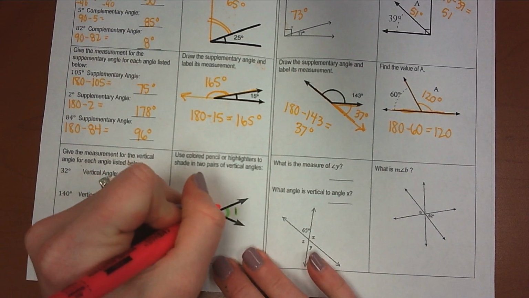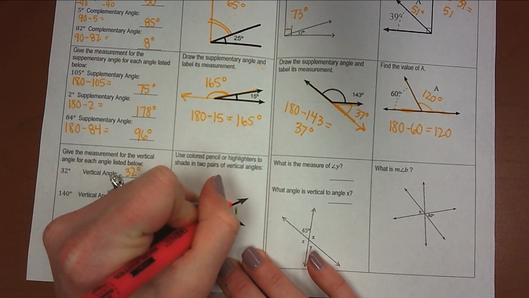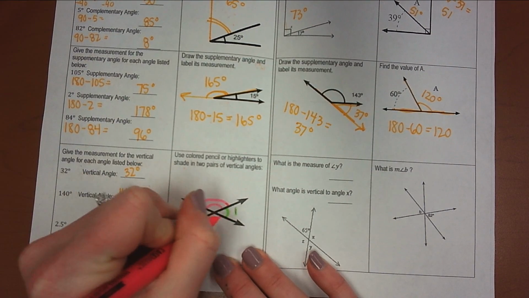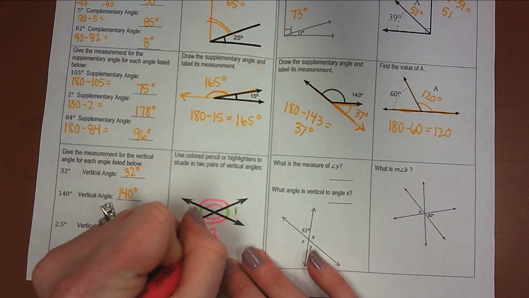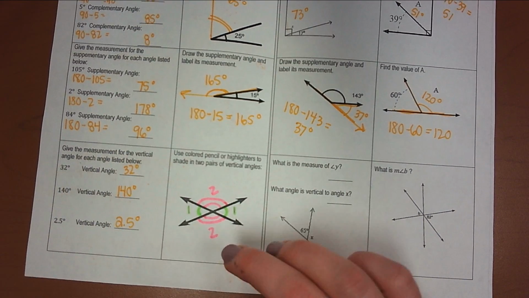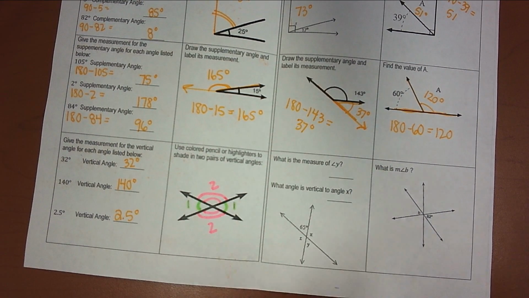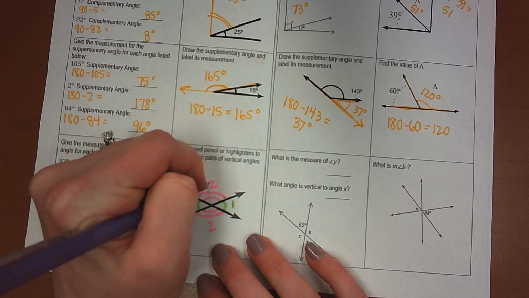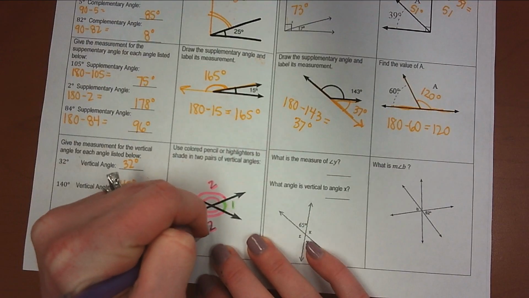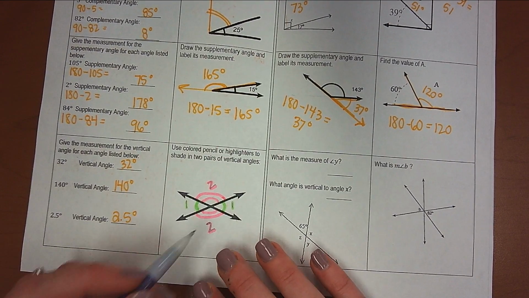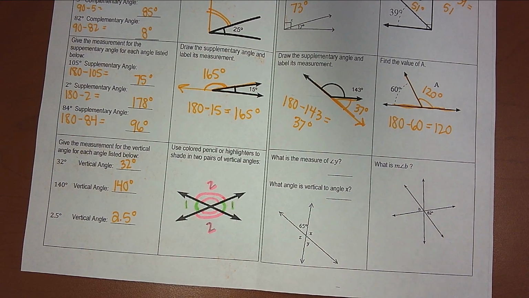I'm going to use a different color highlighter here to show, and I'm going to put number 2 here, these two angles as vertical angles. And again, I'm going to use numbers as well as colors just in case you can't see the colors. So 1 and 1 are vertical angles, and 2 and 2 are vertical angles. Two sets of vertical angles here.